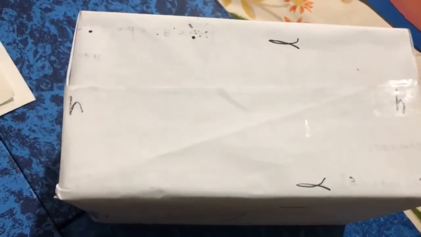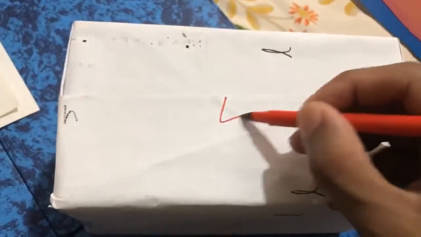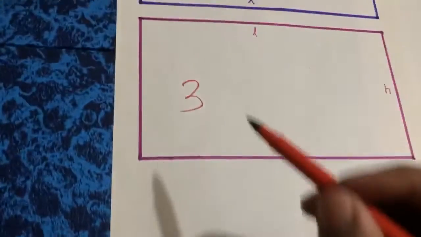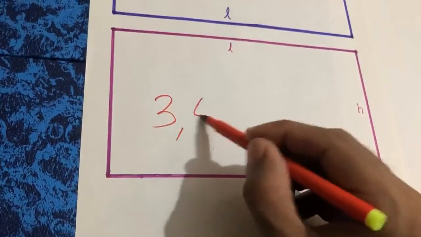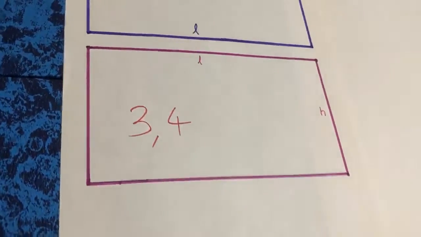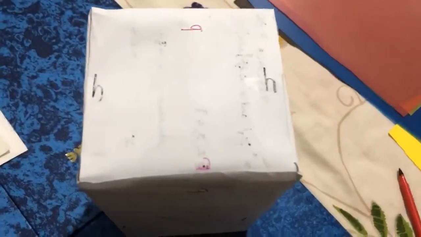So that is also the same side, and I'll call that 4. Here I will write 3 and 4, because both surfaces have the area L into H. Okay, that is done. Now we will go to the last pair of faces.